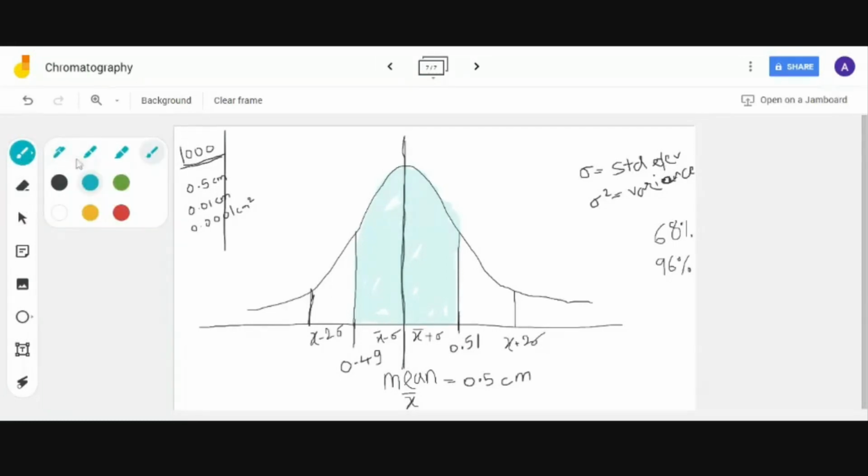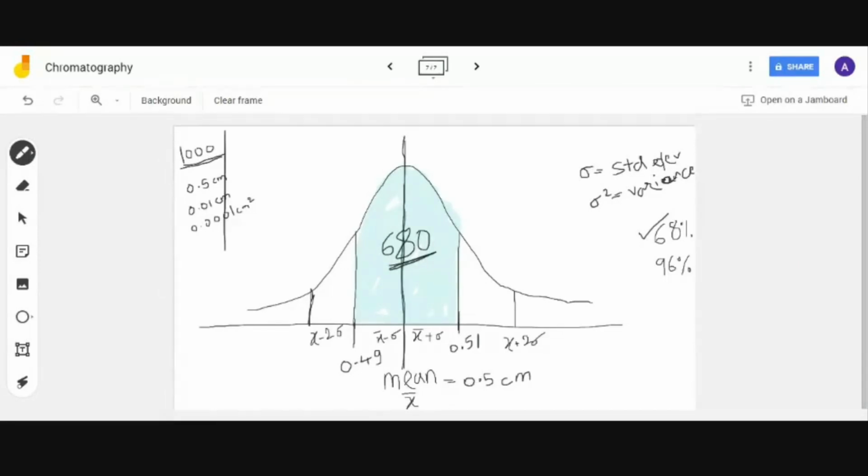Okay. This particular area will represent 680 tablets out of 1,000 tablets. In other words, it will represent 68% of the tablets.